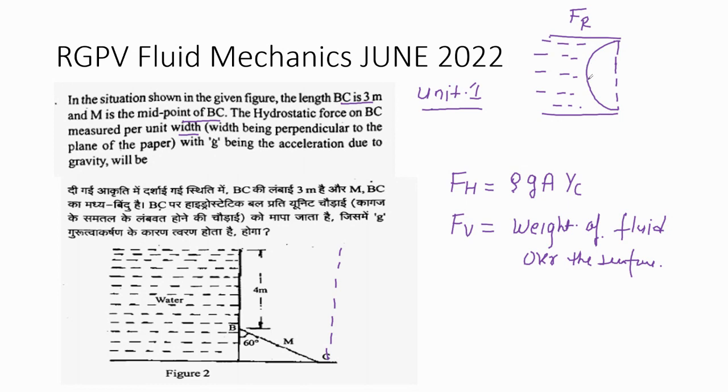So this is an inclined surface, this is a curved surface, so we have two components, one is FH and one is FV. For calculating FH, we project this surface on a vertical plane, and we calculate FH over this plane. And for calculating FV, we consider the weight of the fluid which is present over this surface.